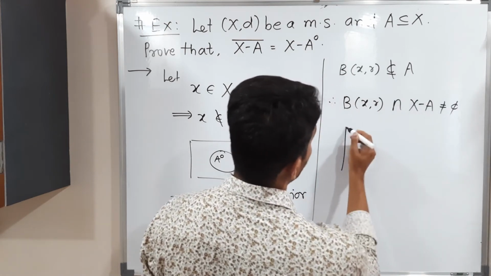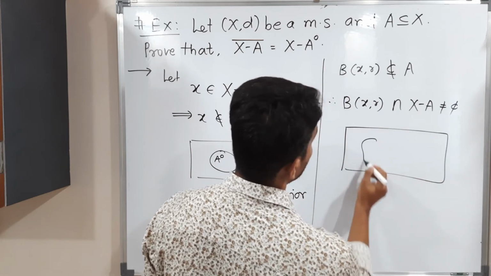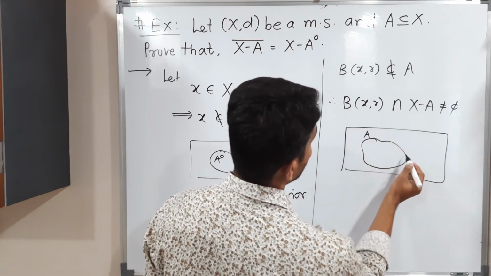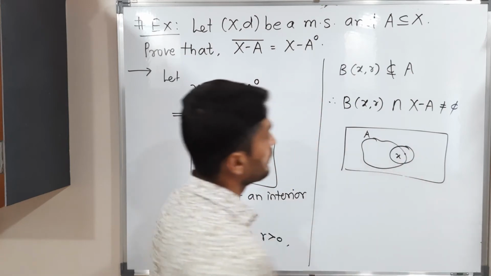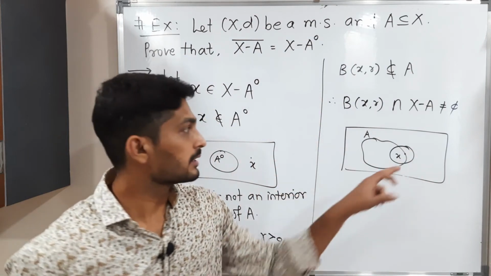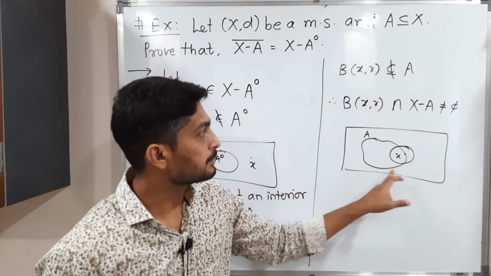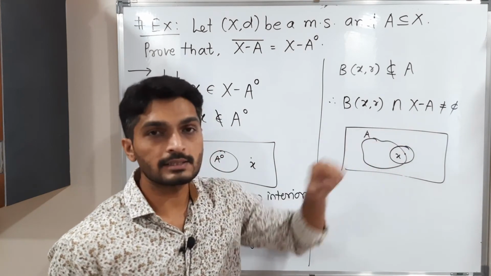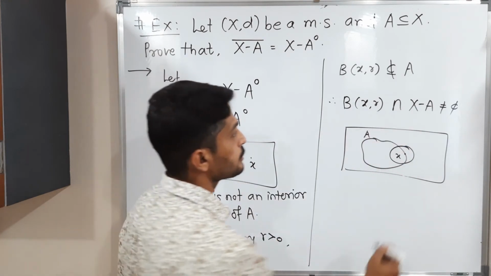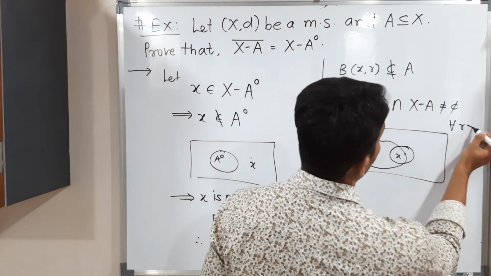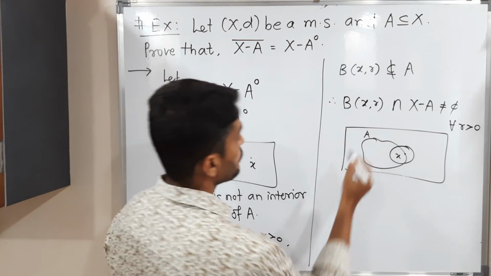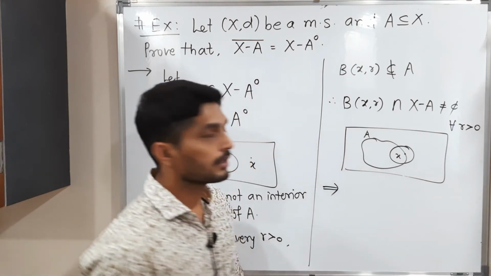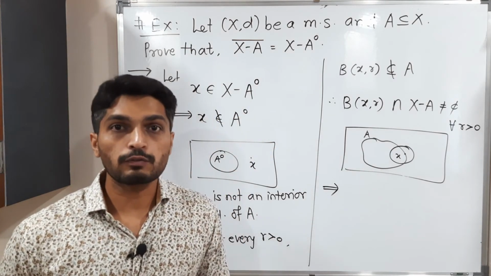I will show you here. Suppose this is set A. Suppose x is here, and if you draw any ball around x, it is not a subset of A. That means this ball intersects its complement, and this is true for every r, for all r greater than 0. So this is the definition of closure set.